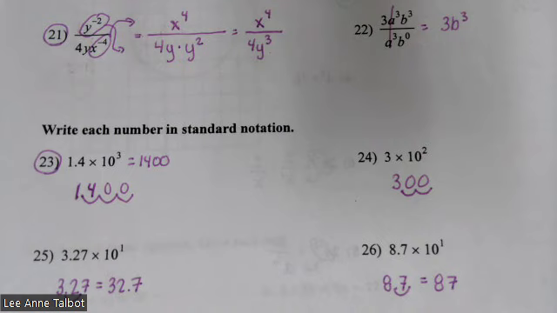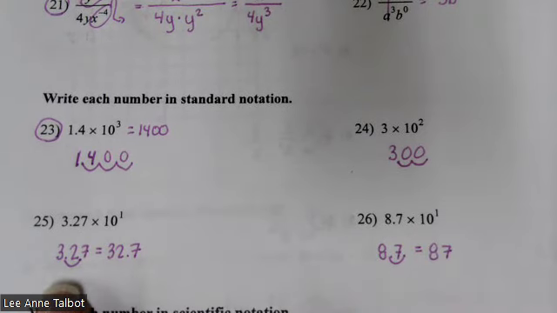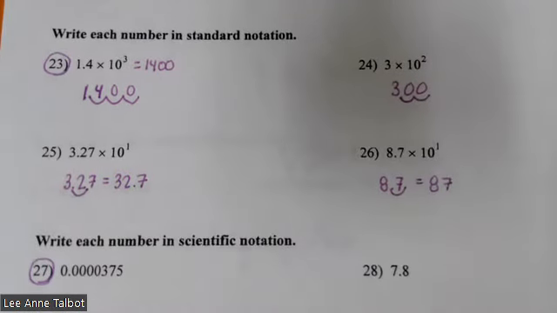Okay, check these. They should be 300, 32.7, and 87. How'd we do? They okay? All right, now backwards.